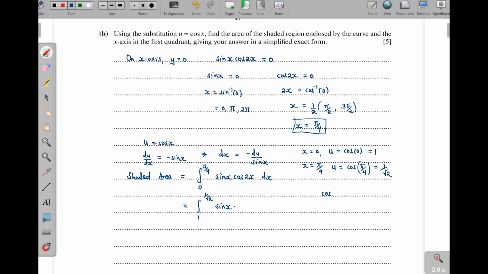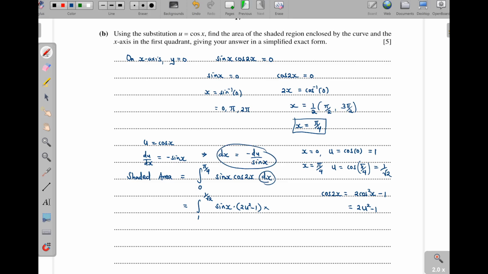So cos of 2x is the same as 2 cos squared x minus 1. But remember, u is equal to the cosine of x, so that means we shall have 2u squared minus 1. Then when I come here, it is what I will write in here. Then times, what is our dx?